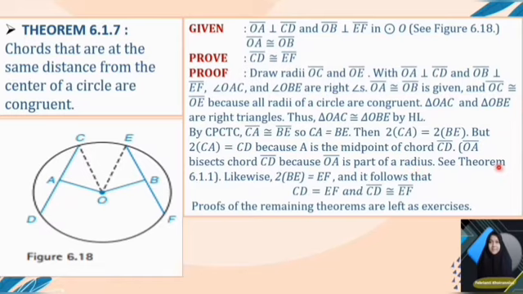See Theorem 6.1.1. Likewise, 2 times BE equals EF, and it follows that CD equals EF and line segment CD is congruent to line segment EF. Proofs of the remaining theorems are left as exercises.